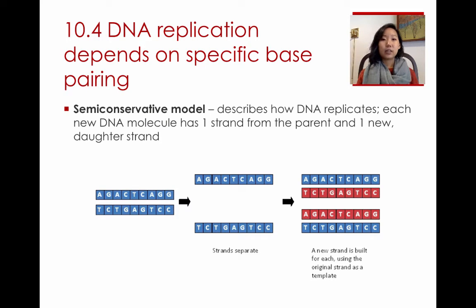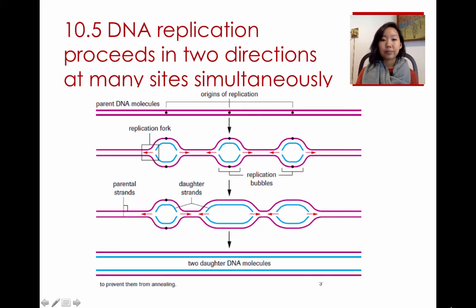This model is called the semi-conservative model, and it's just a way that describes how DNA is replicated. It means that in each new strand of DNA, one half comes from the original parent molecule, and half of it is new. So one strand is called the parent strand, and one strand is called the daughter strand. So this is how DNA is replicated.